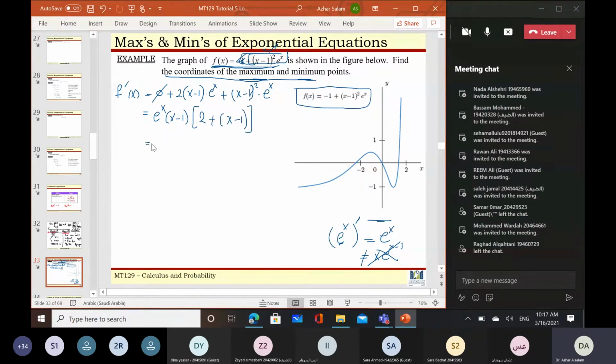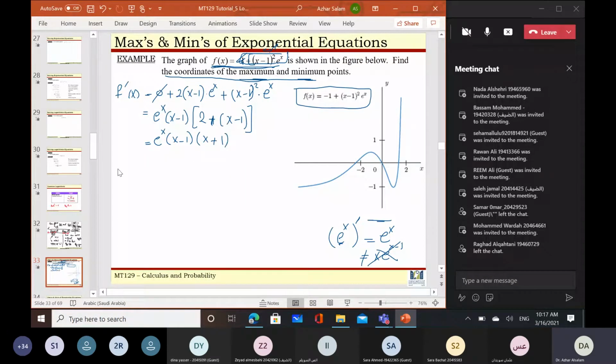So I can write e to the power x, x minus 1, times x minus 1 plus 2. I can add these numbers together since I have an addition here, not a multiplication. So I add 2 to minus 1, and it will be x plus 1.